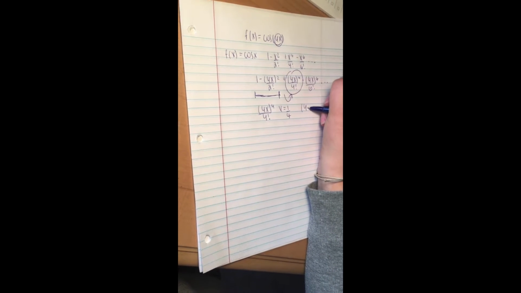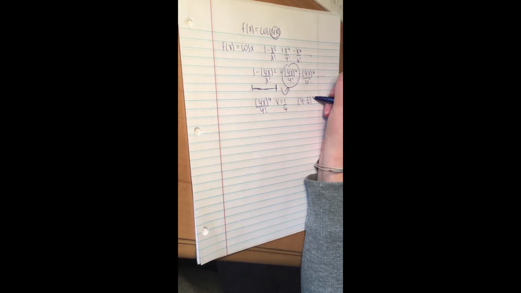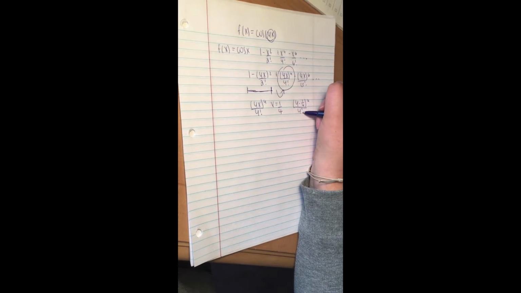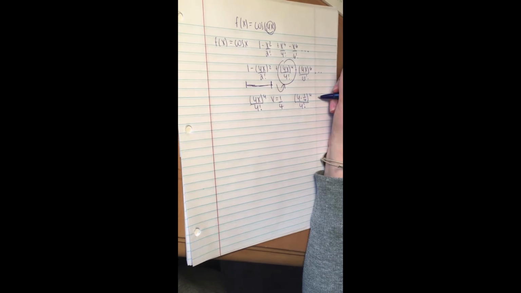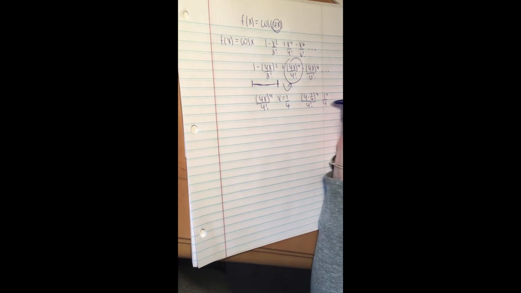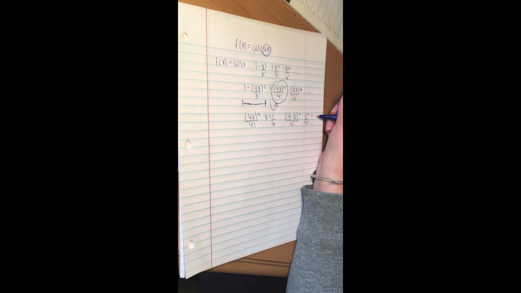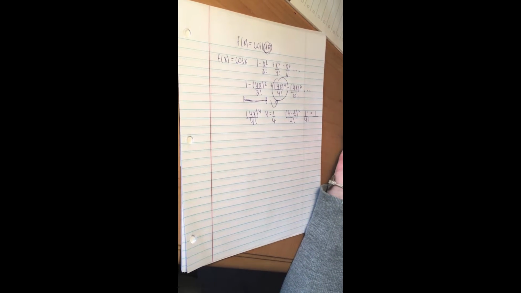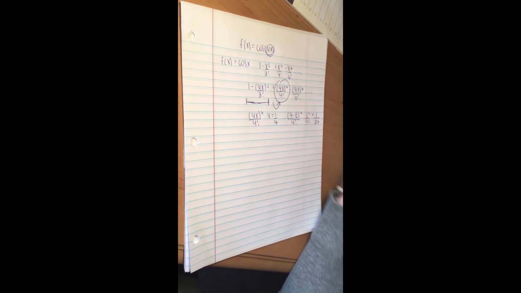So we have 4 times 1/4 to the 4th over 4 factorial. 4 times 1/4 is 1. So we have 1 to the 4th over 4 factorial, which equals 1 over 24, which is how many miles we have until our next turn.